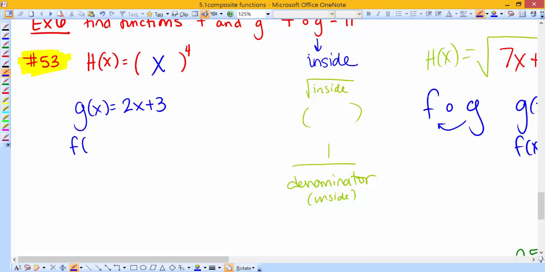So that means f of x is x to the fourth. And you could test it out. If I were to take 2x plus 3 and plug it in there, 2x plus 3 to the fourth, I get the same thing. So that means that I did decompose that function correctly, and I found the two functions that made it.